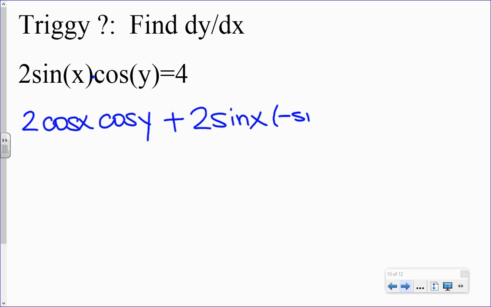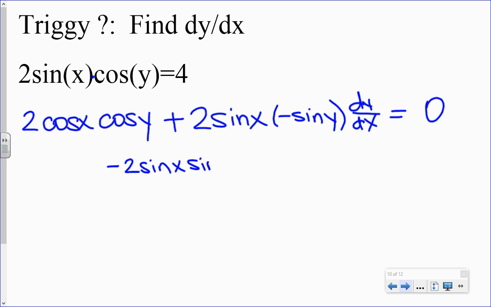Negative sine y, but since y is inside, dy dx. And the derivative of 4 is? Okay. So we have one term with dy dx. I'm going to go ahead and rewrite it as negative 2 sine x sine y dy dx. Okay, that's this term right here.